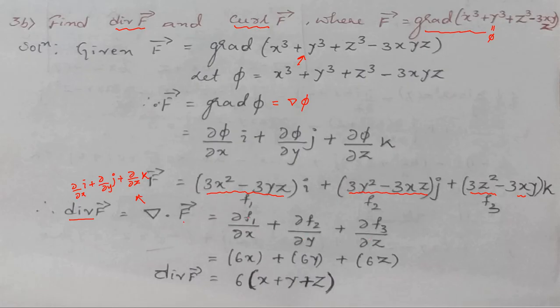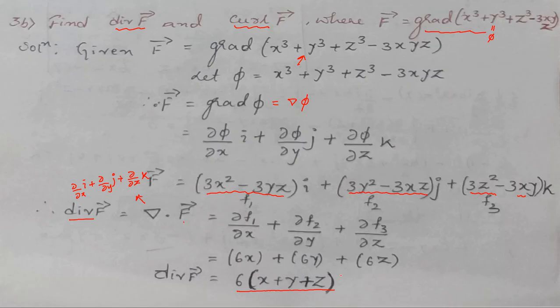Now differentiate partially: f1 with respect to x gives 6x, f2 with respect to y gives 6y, and f3 with respect to z gives 6z. Taking 6 common, the divergence of vector f is 6 times (x plus y plus z).